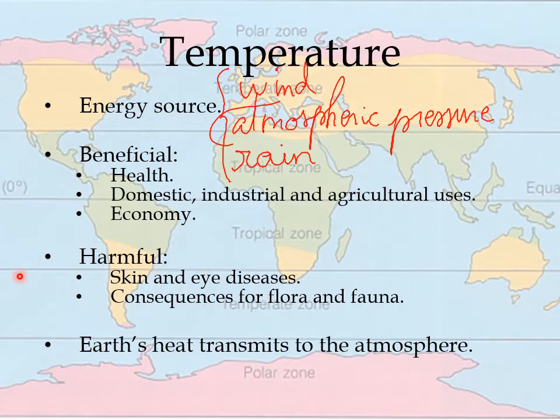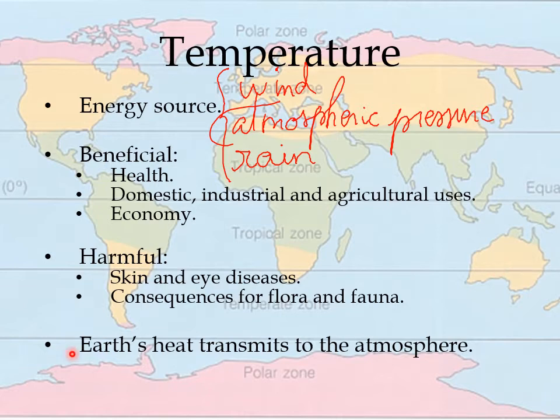These harmful effects are due to the excess of sun. It can create skin and eye diseases, and it can have consequences for flora and fauna. An excess of temperature or excess of solar radiation can be harmful for us and also for other living beings.